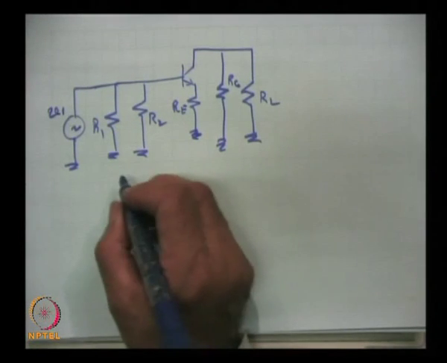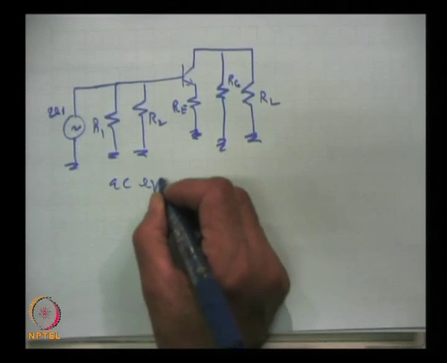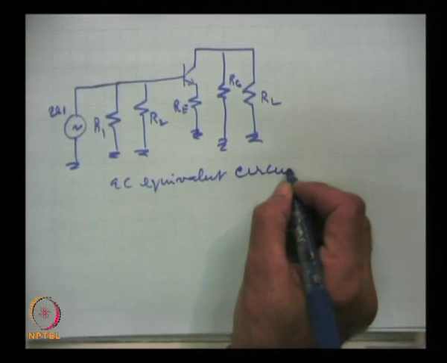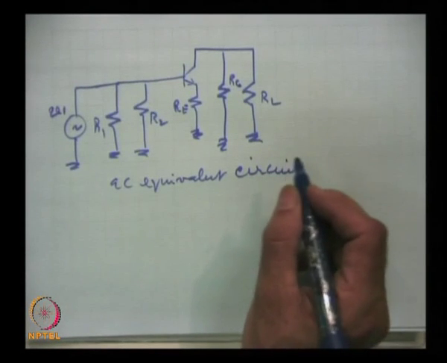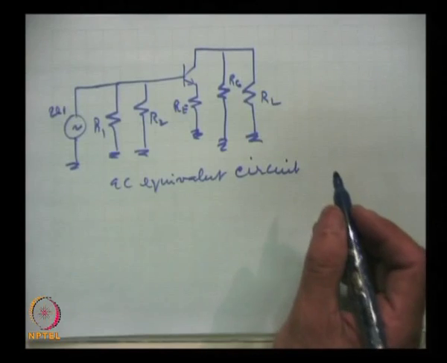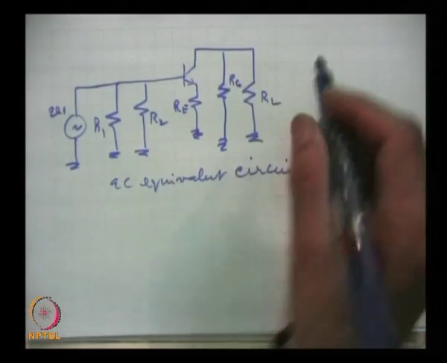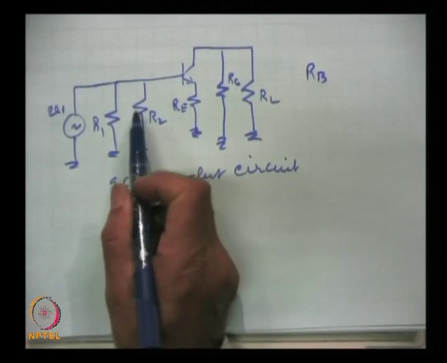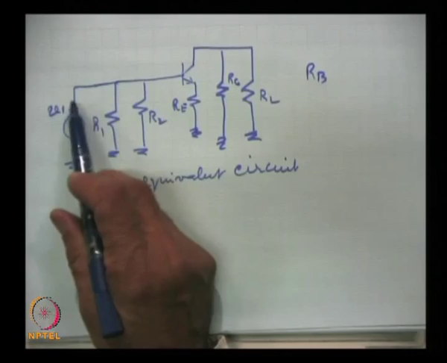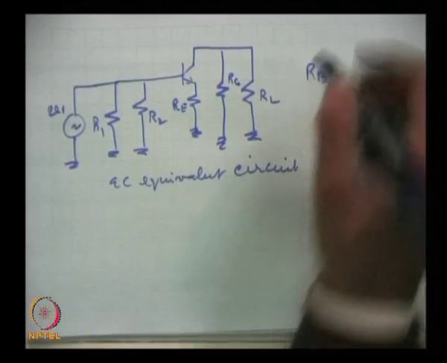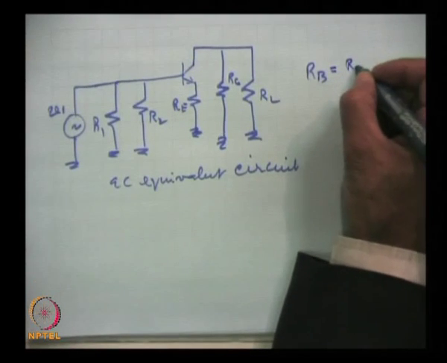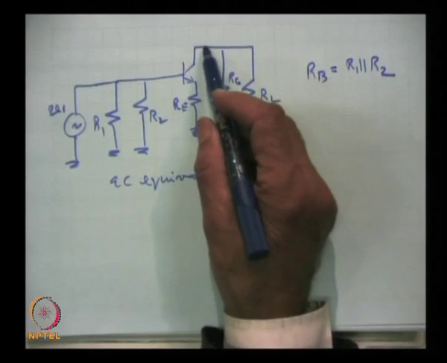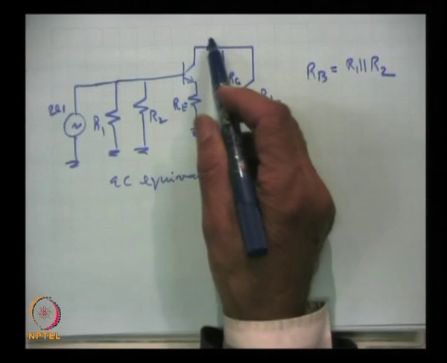This is the AC equivalent circuit. So, we remember that these two resistances are coming in parallel. So, the effective impedance seen by this is RB, which is R1 in parallel with R2, and RC, this is the collector.